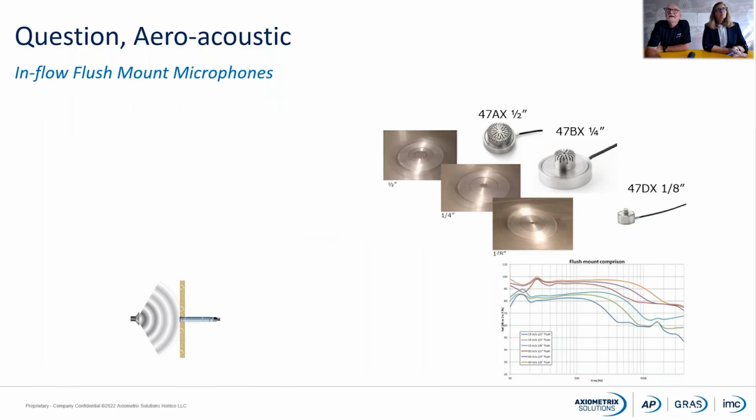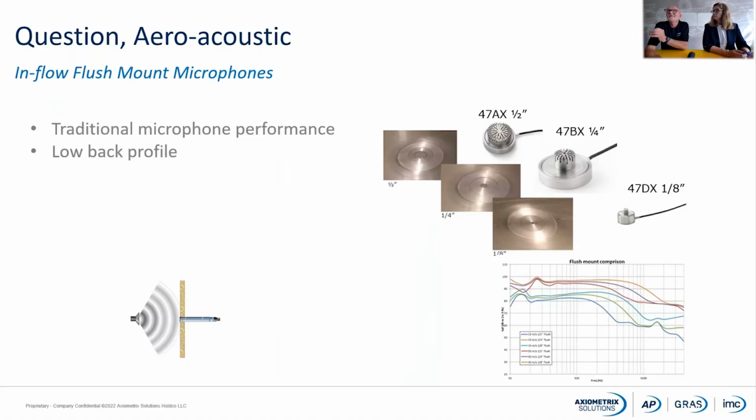Flush mounted microphones are microphones we are mounting in our test object. If we are testing on a car, we drill a hole in the door of the car and mount our microphone in that hole. So the microphone diaphragm is flush with the rest of the door.